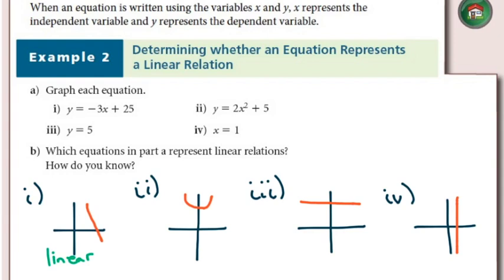It's actually called a parabola, and much of the focus on Pre-Calculus 20 is based on parabolas, but for our purposes, this is not a linear relationship. Number 3, we have a horizontal line, but nonetheless it is straight. This is a linear relation. And 4 as well is linear.